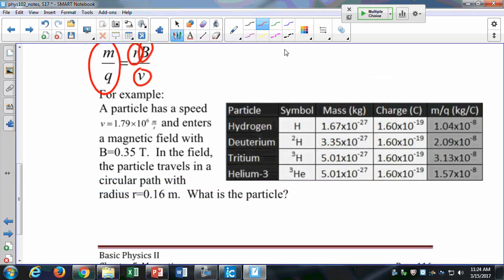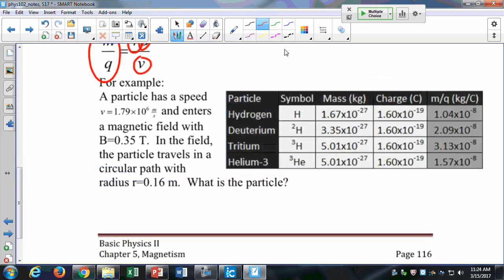So let's do this example. I have this particle. It has a speed of 1.79 million meters per second in a magnetic field. And then I measure the path of the particle to have a radius of 0.16 meters. So what is the mass to charge ratio?